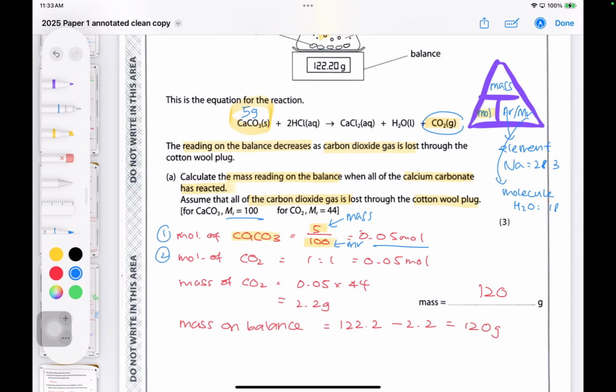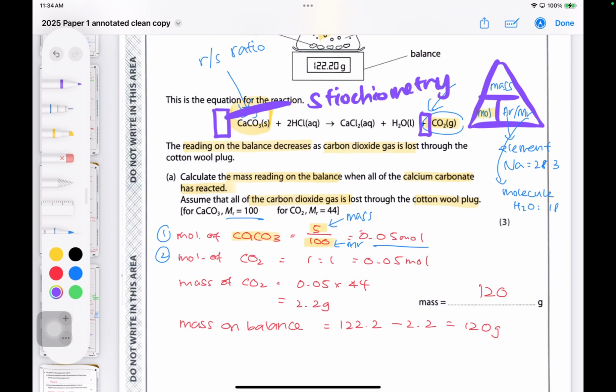Then step number 2 is you want to find the relationship between calcium carbonate and carbon dioxide. What is the relationship? Basically, what is the ratio? We're trying to look at the number before the chemical formula in the equation. This number is what we call stoichiometry. It's just a fancy word, but basically it's referring to the ratio between calcium carbonate and carbon dioxide gas.